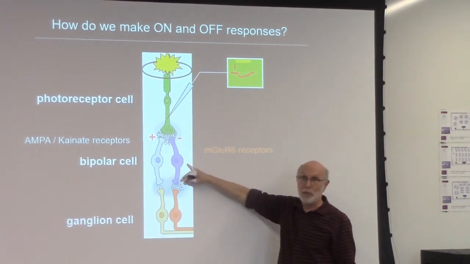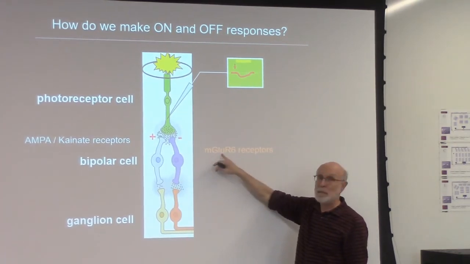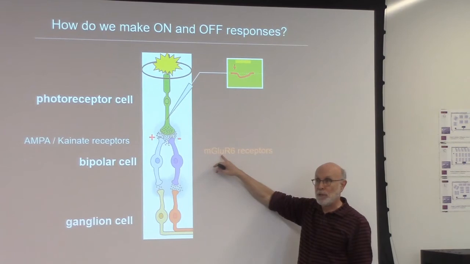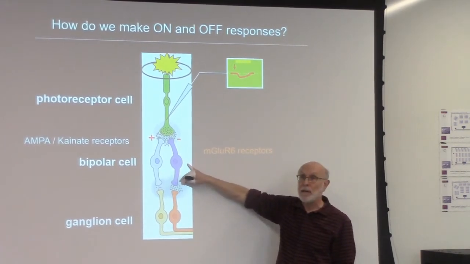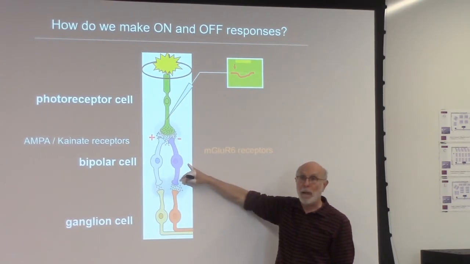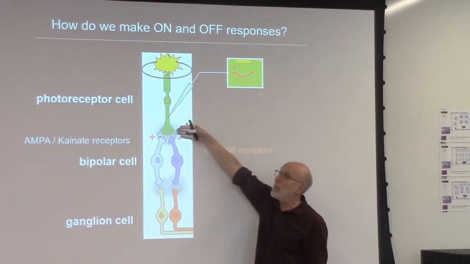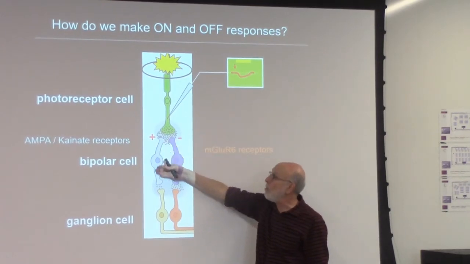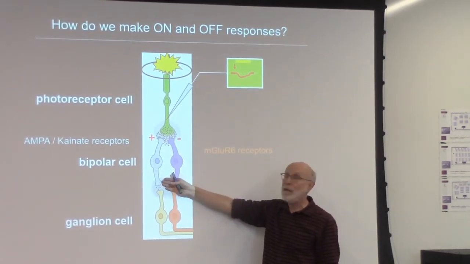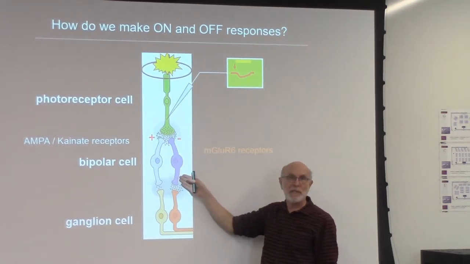And this bipolar cell expresses metabotropic receptors that inhibit, that hyperpolarize it, and cause it to not fire, well, to become hyperpolarized. So let's go back. In the dark, there is a lot of glutamate, which is causing a depolarization of this cell, and not a depolarization of this cell.